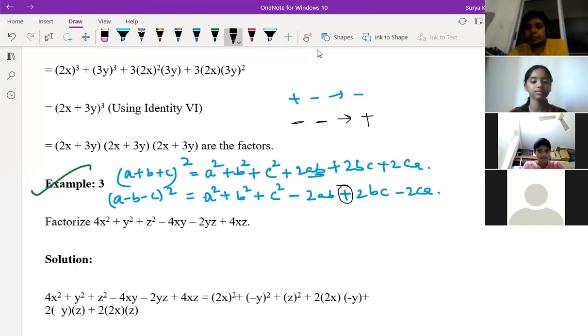Clear? Yes, sir. Then children, if I write here minus a minus b plus c whole square, Sai Charan, tell me the answer for this. Sir, 1 minute, sir.